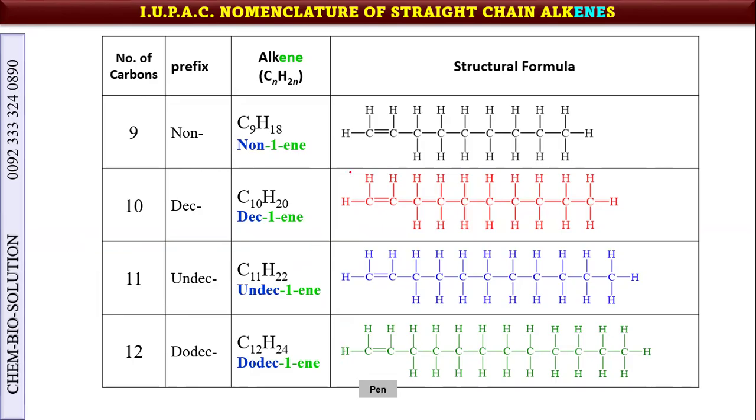Anyway, remember that in all the cases, I have drawn only one of the nonene, because this double bond could be anywhere, not necessarily on one position. But because I have drawn these homologous series, that's why I have drawn the double bond only on the first two carbon atoms.